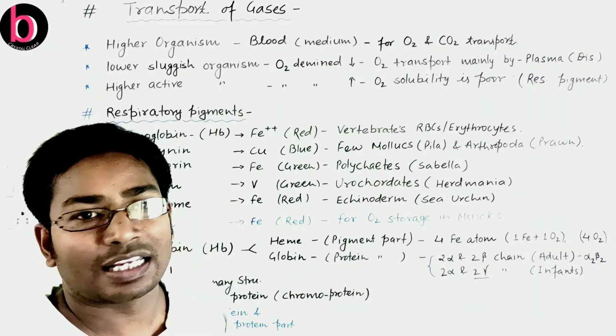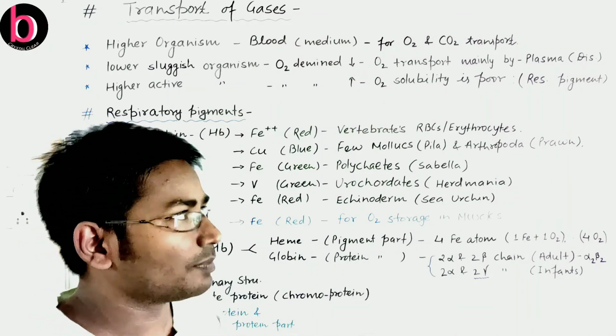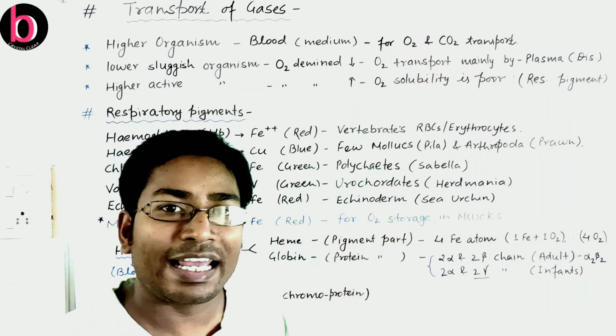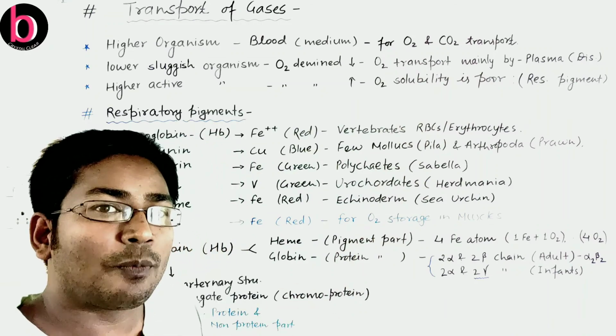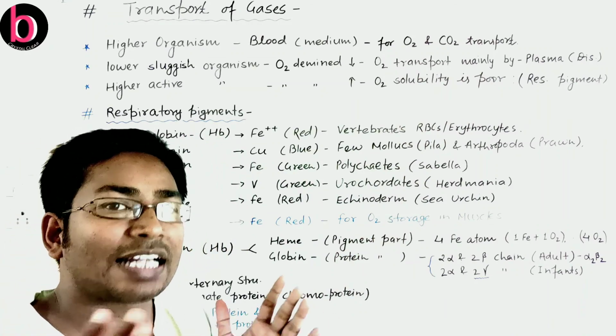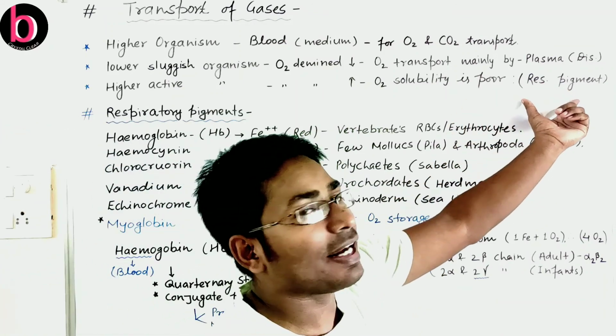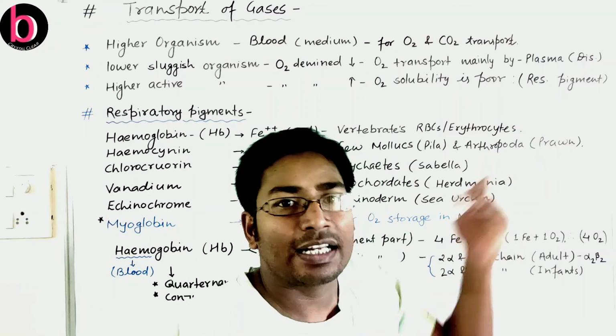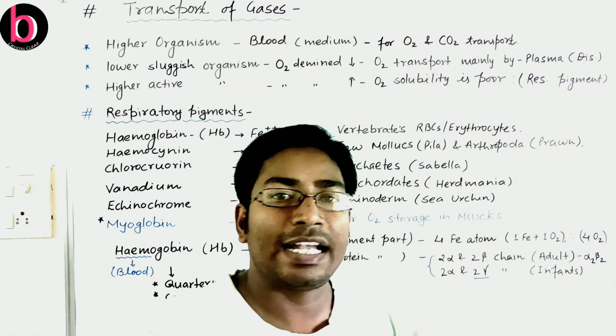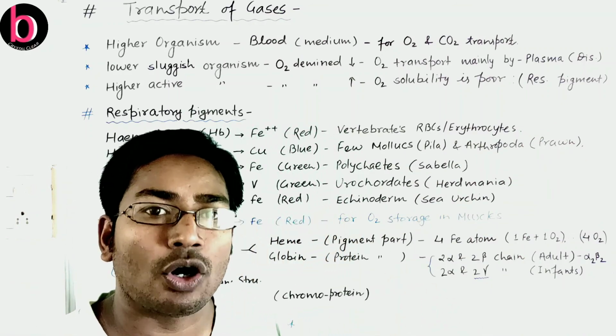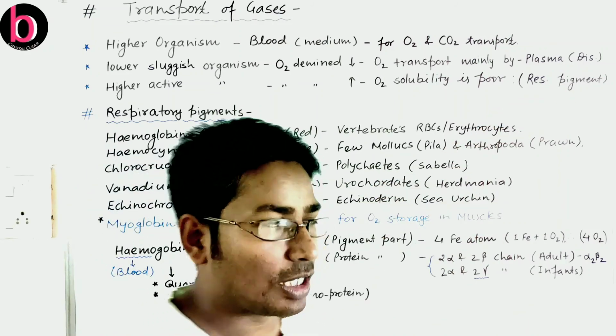So oxygen cannot be carried by plasma. Hence these organisms have a special type of pigment that helps in transportation of oxygen and carbon dioxide. This pigment is known as respiratory pigment. They are present in body fluid or in blood for transportation.